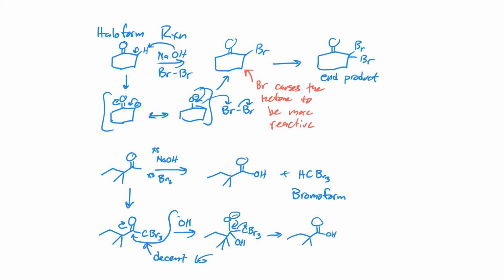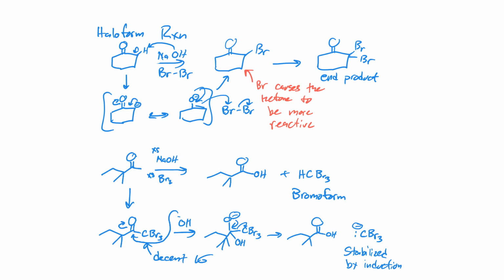And you can see that this is kind of strange looking. We don't often lose carbon anions, but this is stabilized by induction. Each CBr bond is strongly polar, and it helps to spread out that negative charge.